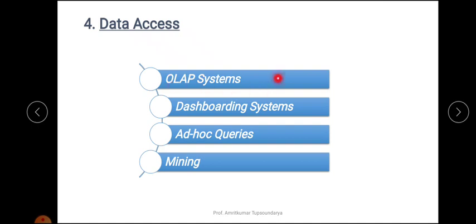Now how the OLAP system can be useful: OLAP, which stands for Online Analytical Processing, systems are query and reporting tools that help to slice the dimensional data in a data warehouse.